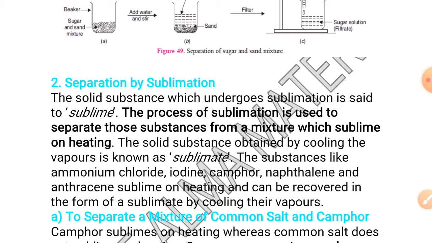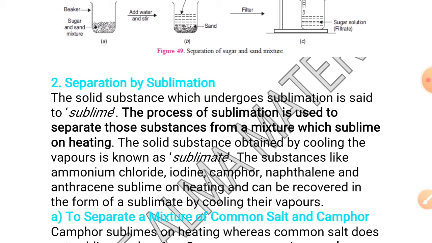The solid substance obtained by cooling the vapor is known as sublimate. Substances like ammonium chloride, iodine, camphor, naphthalene, anthracene can undergo sublimation and we can separate them from any other thing using this process.